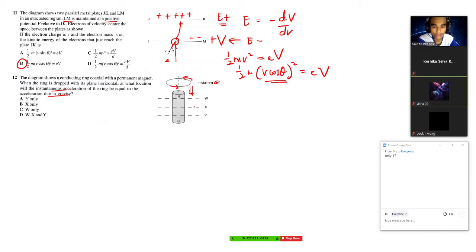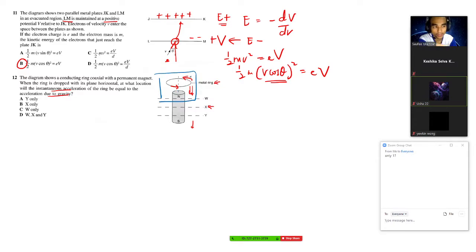It slows down, and then at x actually it will be constant. It will not slow down. It will be as normal, and then when it goes down further, it will slow down again. This is because at this area there will be a difference of flux.